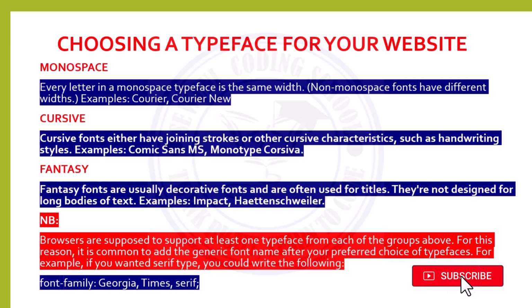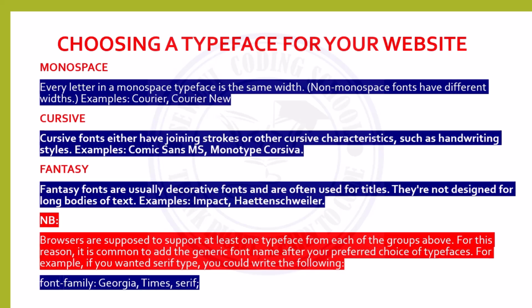We have the cursive also. Cursive fonts either have joining strokes or other cursive characteristics such as handwriting styles. So you see Comic Sans, and you see the monotype. Fantasy also has examples such as Impact. These fantasy fonts are usually used in decorations and for movie titles.